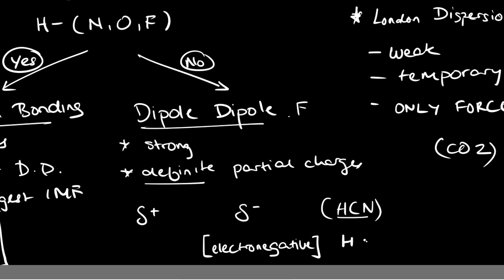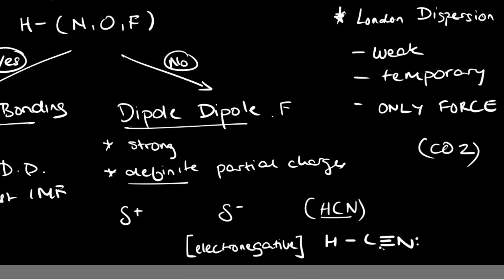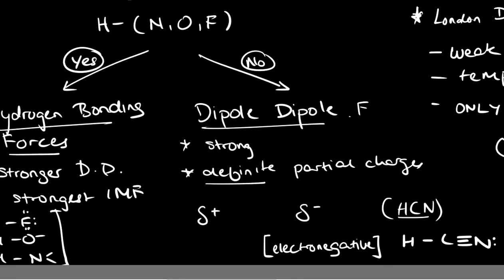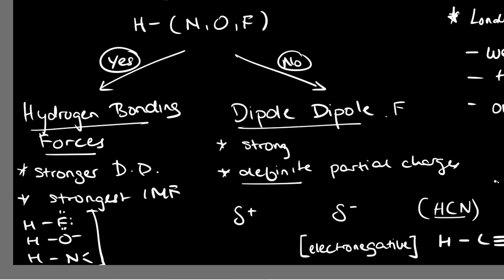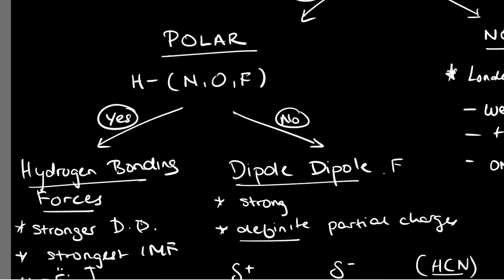Hydrogen is bonded to carbon, which is bonded to nitrogen. So this, therefore, is not a hydrogen bond. It's only dipole-dipole. But you probably don't need to know this, so you could skip it. I should have said that in the beginning, but oh well.